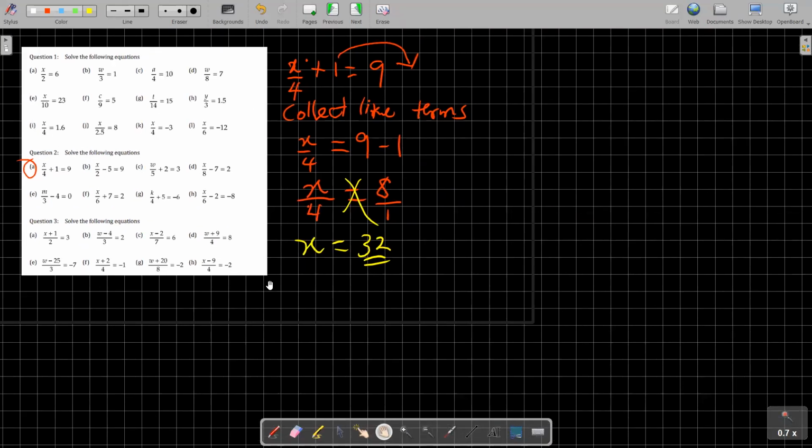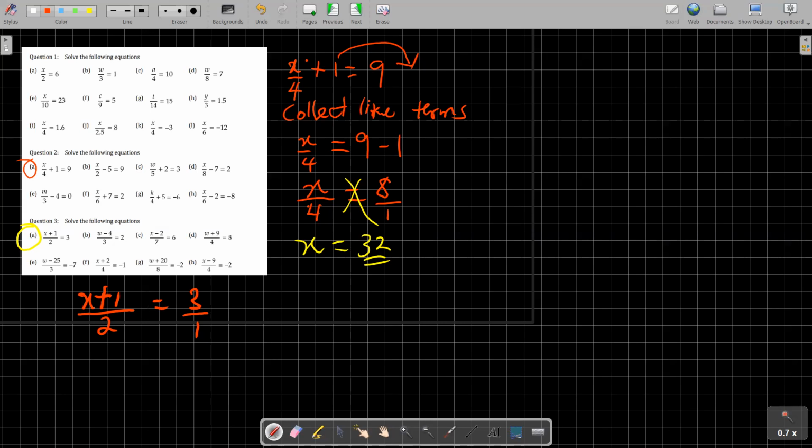This question is from section 3a. It says x plus 1 over 2 is equal to 3. Remember, this is also one fraction on the left-hand side and on the right-hand side.